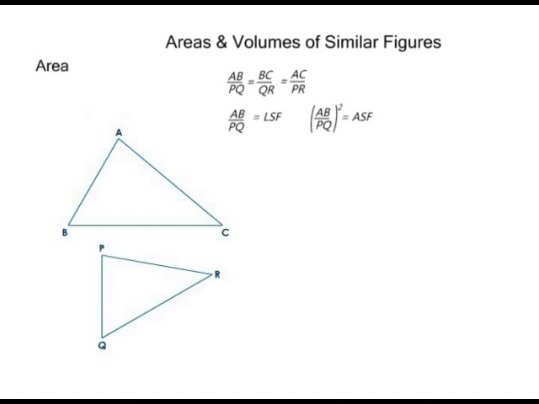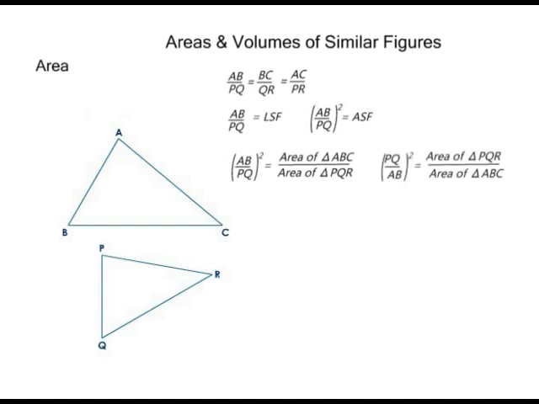Mathematically, AB over PQ is equal to the linear scale factor. Then, (AB over PQ) squared is equal to the area of triangle ABC over the area of triangle PQR. Equally, (PQ over AB) squared is equal to the area of triangle PQR over the area of triangle ABC.